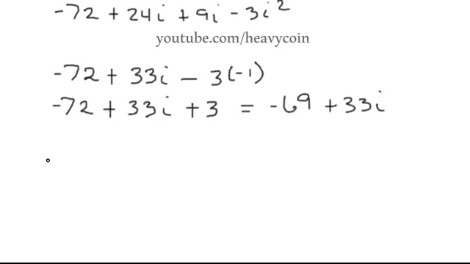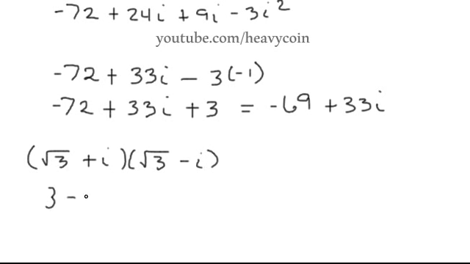Okay, let's look at another one here. The square root of 3 plus i times the square root of 3 minus i. So the square root of 3 times square root of 3 is just 3. Square root of 3 times i is negative i square root of 3. We always put the radical on the right hand side of i. And then that's going to be minus i squared.